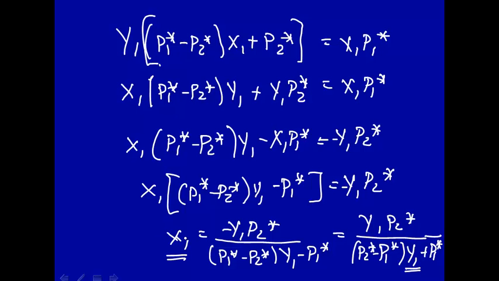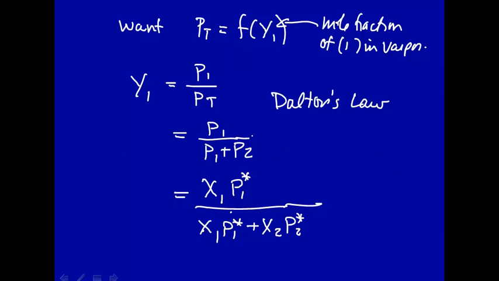I guess we didn't do that. Actually, no, we do have that. There we go, y1 as a function of x1. All right, so let's go ahead and do that.